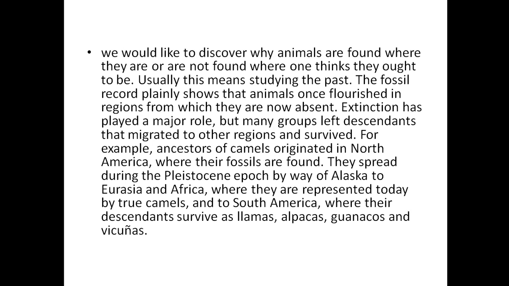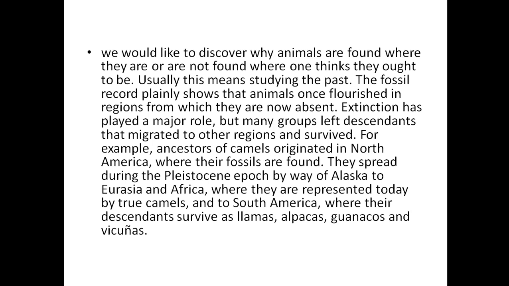Even in many cases, the study of the past says that there are many organisms which were found in other parts also at present where they are not found. We say that in those regions the organisms have become extinct.